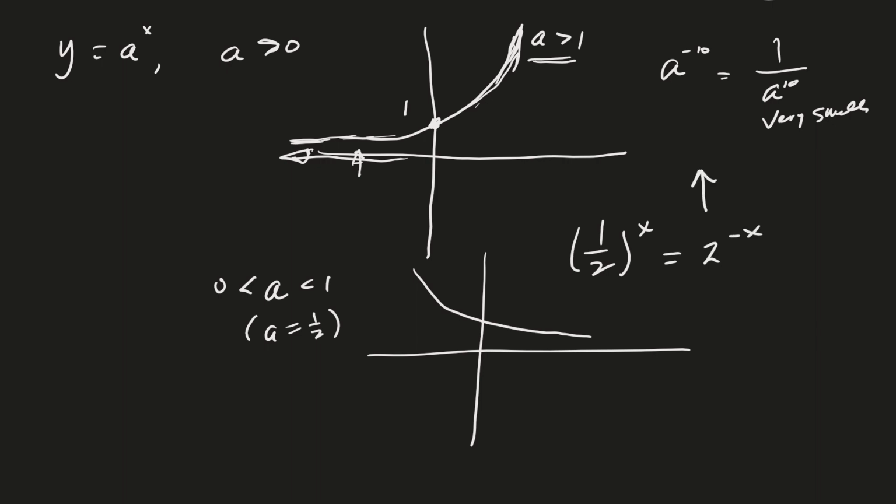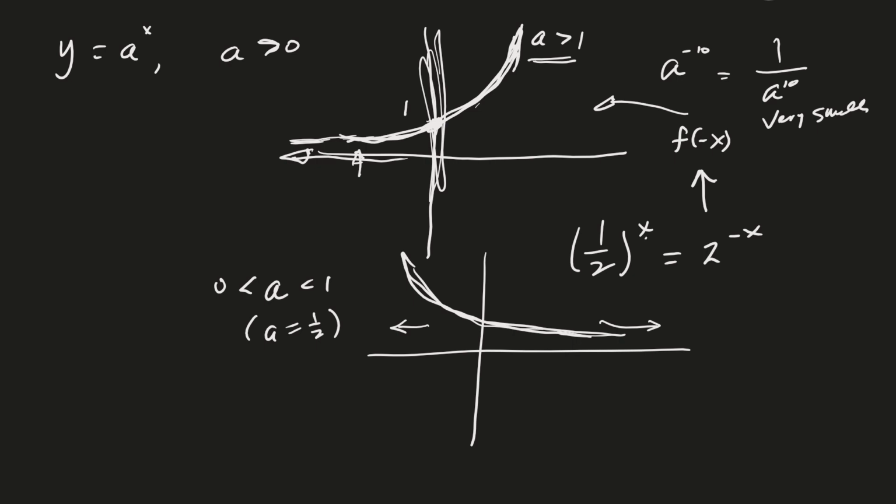And then you could think of that as being f of minus x, where f of x is a to the x, right? And so it's taking this graph and reflecting it across the y-axis. And so this would be the graph of something like 1/2 to the x power, where you're blowing up as x goes to minus infinity, and you're going to 0 as x goes to positive infinity.